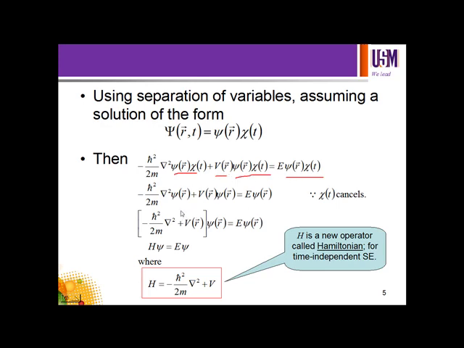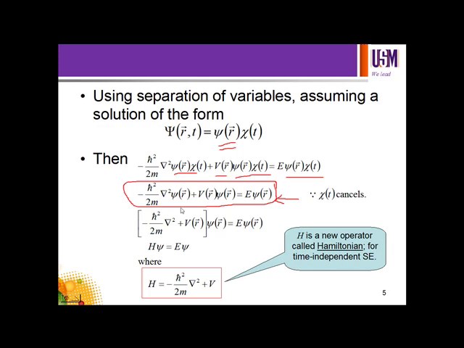What is left is just the terms of chi and the terms of small psi, but psi is dependent only on R. So now the Schrodinger equation depends on R only and there are no terms in t. That means it is independent of t. So this is the derived Schrodinger equation, which depends on R and is independent of time t.